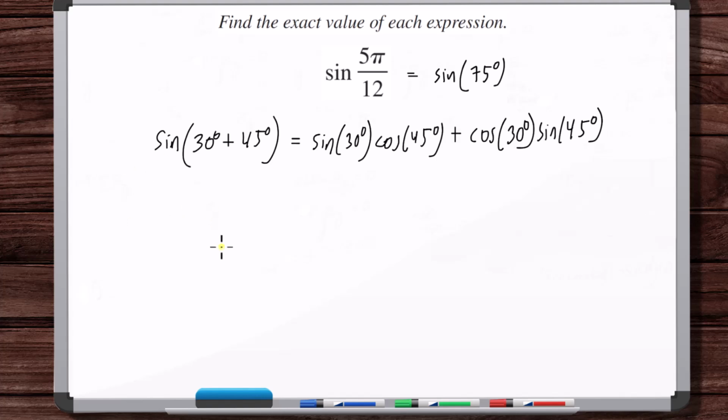Okay, so again, we've got the 30, 60, 90 and 45, 45, 90 triangles, which you should memorize.